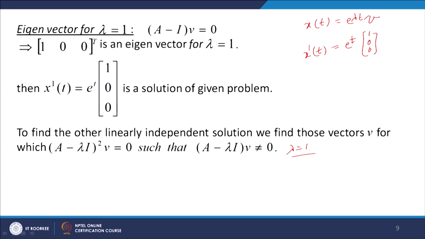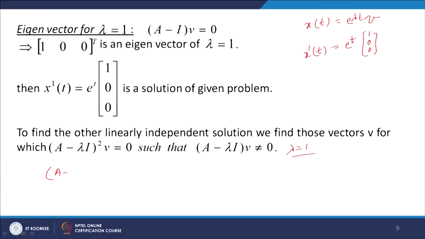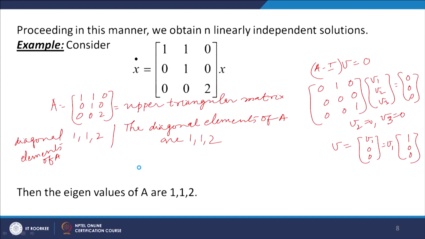So, let us find (A minus lambda I) whole square, lambda is 1 here. So, (A minus I) whole square b equal to 0, if you write the A minus I matrix. So, A square will be equal to the matrix 1 1 0, 0 1 0, 0 0 2 and you multiply it with 1 1 0, 0 1 0, 0 0 2.